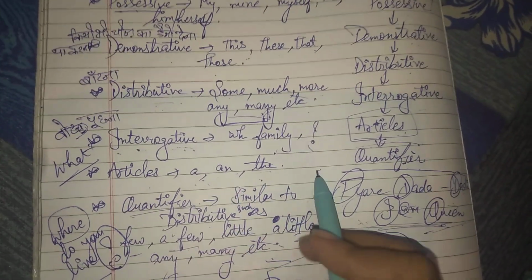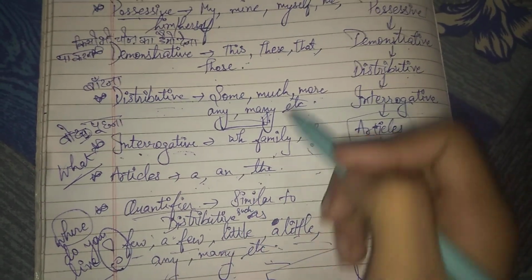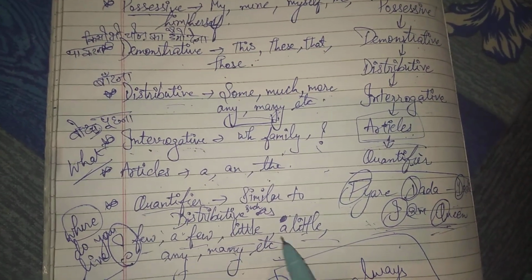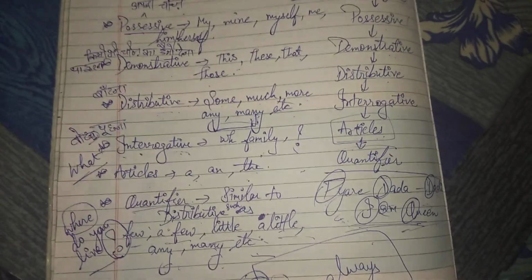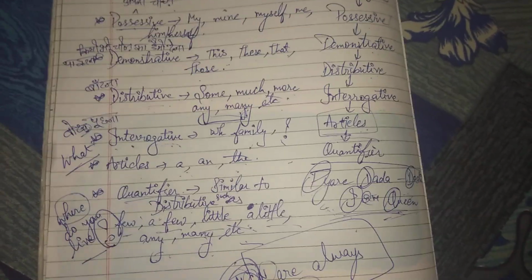Articles, a and the, and quantifier, similar to distributive, like few, a few, little, a little, many. So these are the types, easy and interesting.